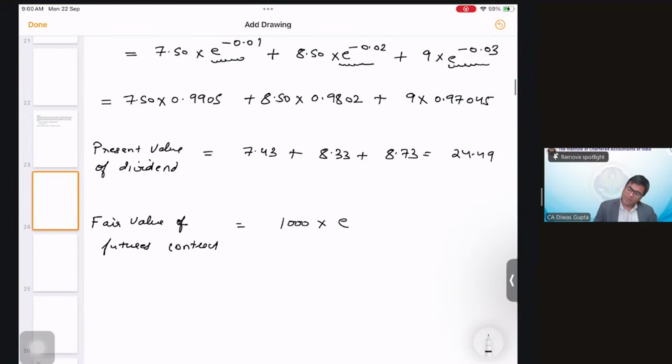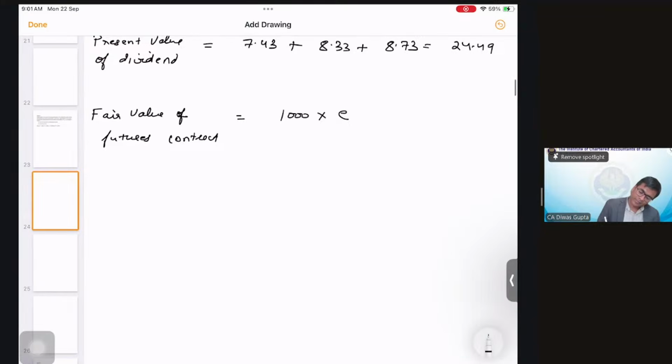Okay, let us write the formula first. Using A is equal to P e raised to the power r into t, right? This is the formula we will be using. So 1000 into e raised to the power 0.12, which is r, for 90 days, correct?